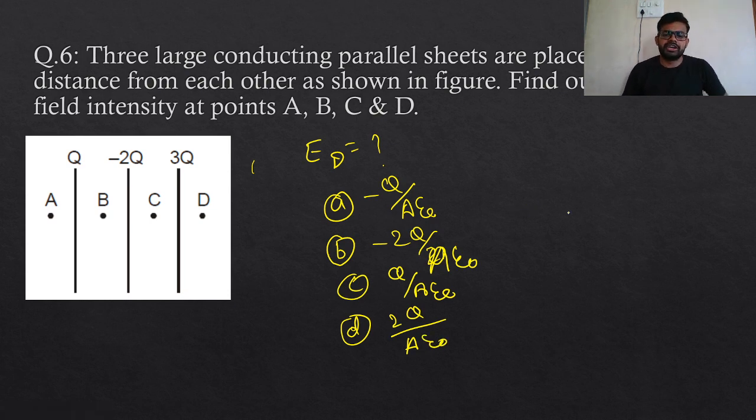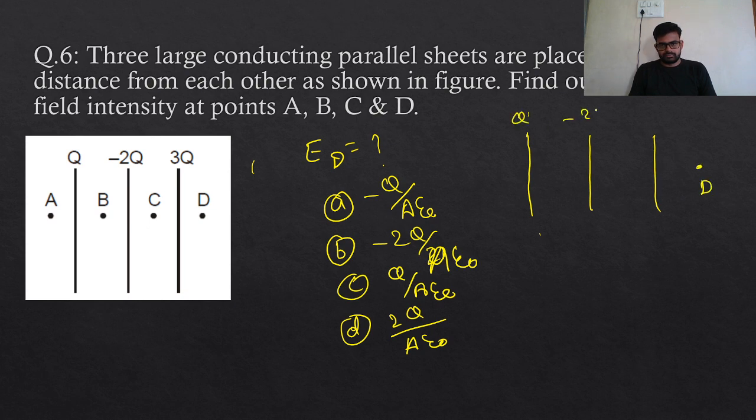You need to find the electric field intensity at point D. Do it fast. You have 20 seconds. Do it fast. Okay. Done.